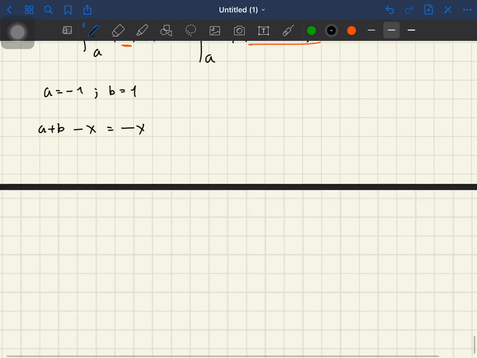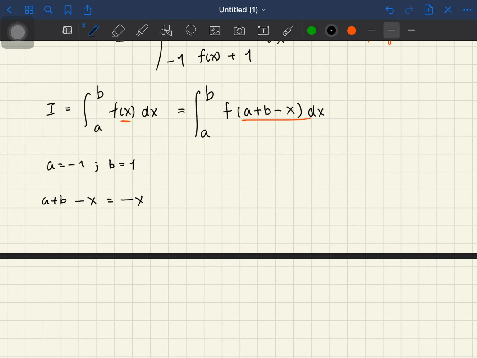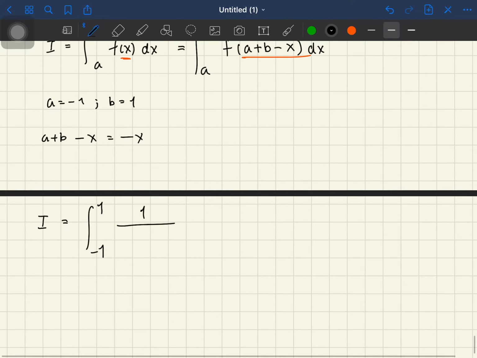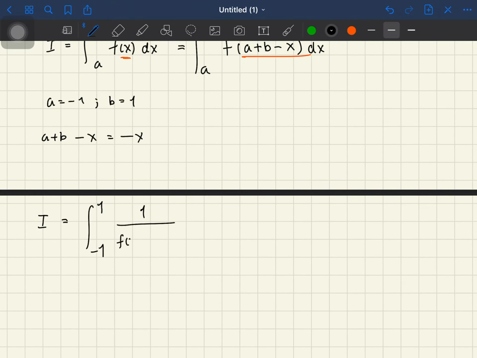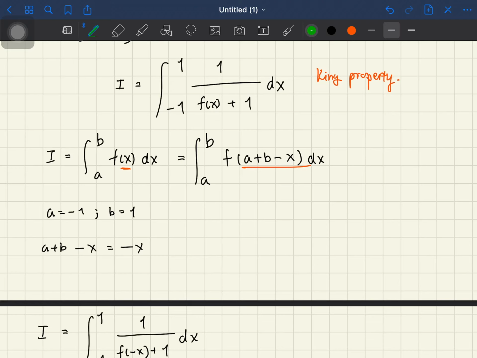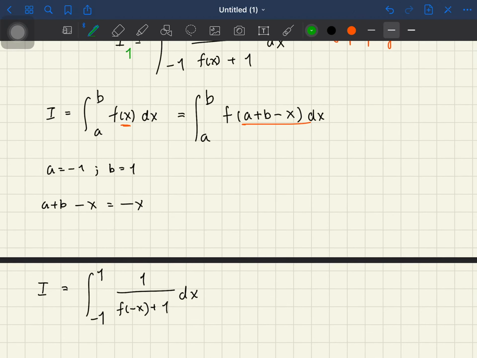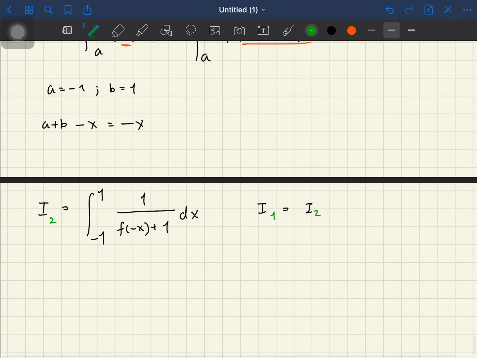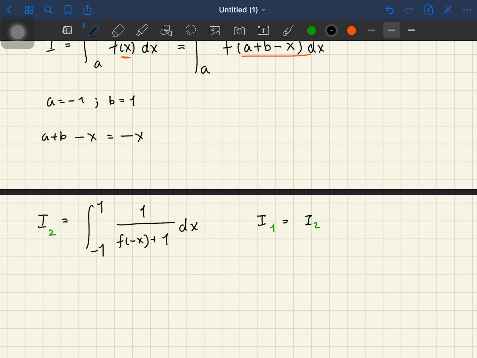Then we can directly substitute inside the integral from -1 to 1, so we have this integral of 1 over f(-x) plus 1 dx. So we have two integrals, called integral 1 and integral 2, and integral 1 equals integral 2.